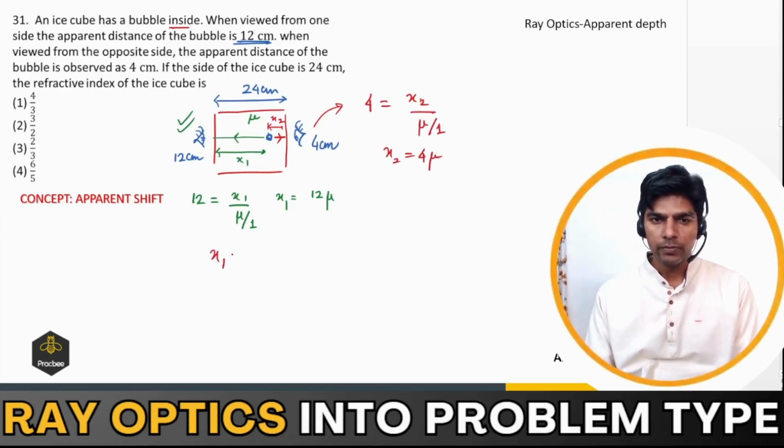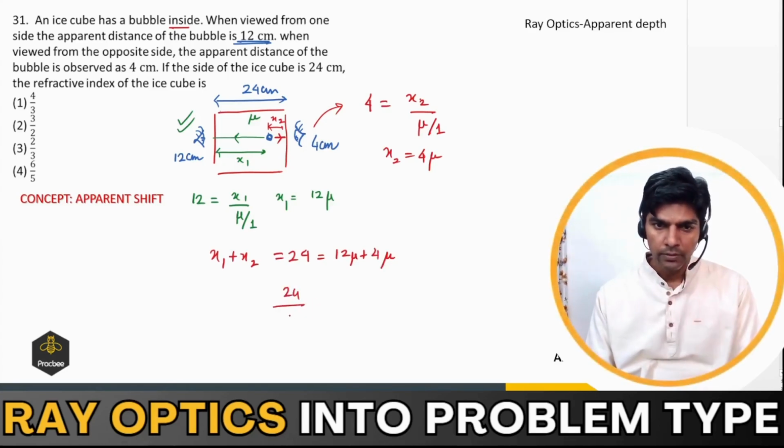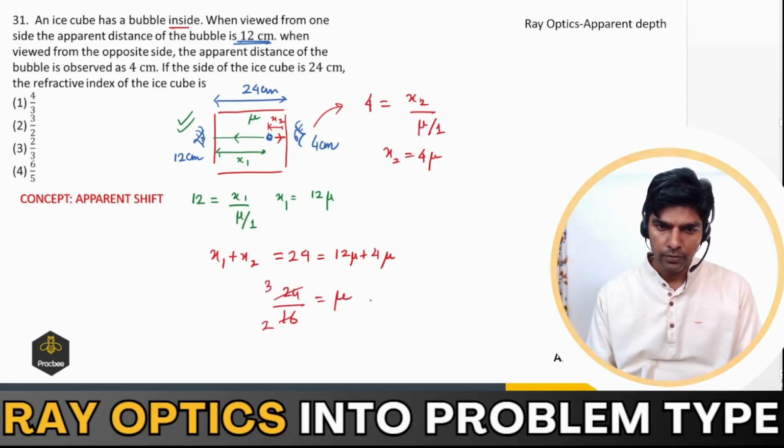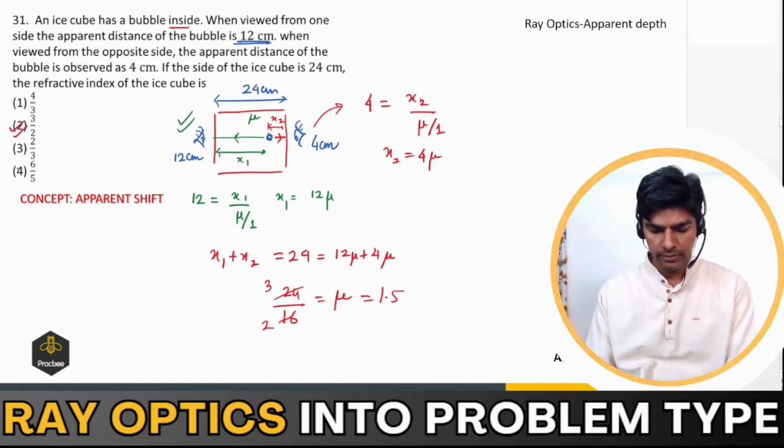Now we know x1 plus x2 is nothing but the edge of the cube, which is given as 24, and it is nothing but 12 mu plus 4 mu. Now from this, 24 divided by 16 will give us the refractive index. So this will be 3 by 2 or 1.5. So option 2 is the right answer.